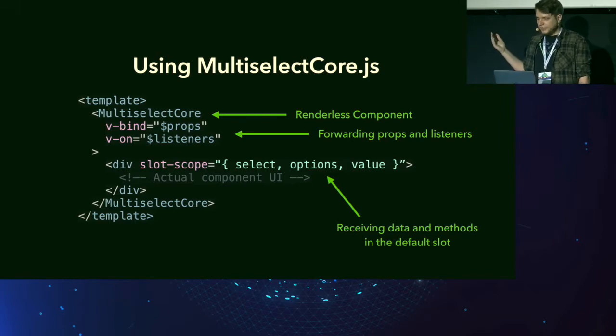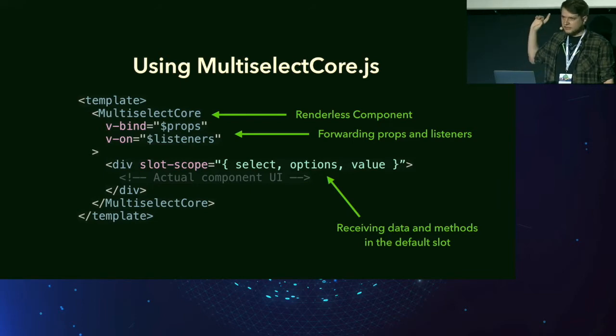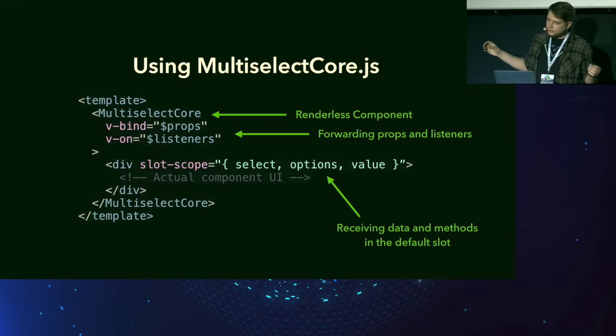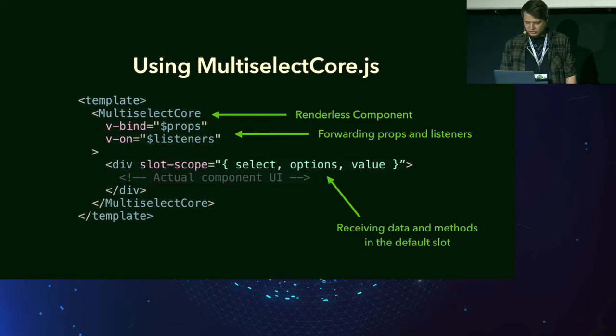So triggering events back to the parent component, not this one, but the parent component of this composition. And then inside the slot scope, you can take whatever properties from the core and just use them in your UI that comes down in the tree.